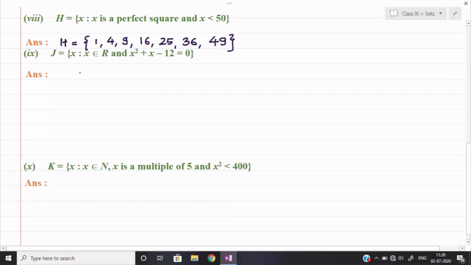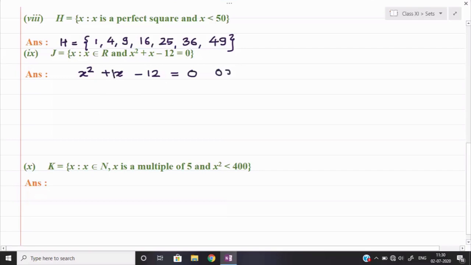First of all, I write down the equation x square plus x minus 12. I require two numbers whose multiplication should be minus 12 and addition should be plus 1, because the middle term has the coefficient plus 1.